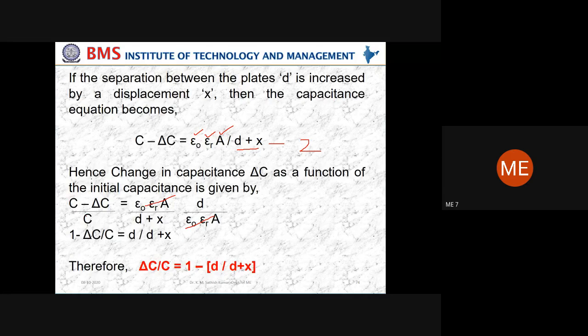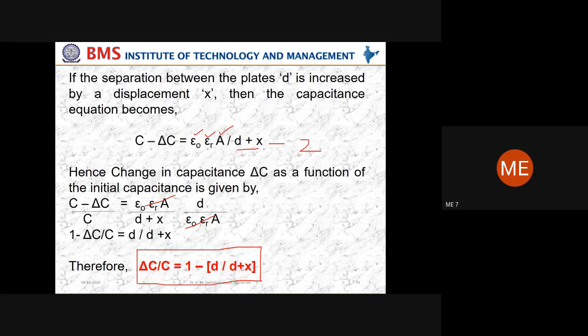So C minus delta C by C, that is 1 minus delta C by C, is equal to D divided by D plus X. Now my requirement was to calculate the change in capacitance relative to the original capacitance, so delta C by C. Delta C by C is equal to 1 minus D divided by D plus X.